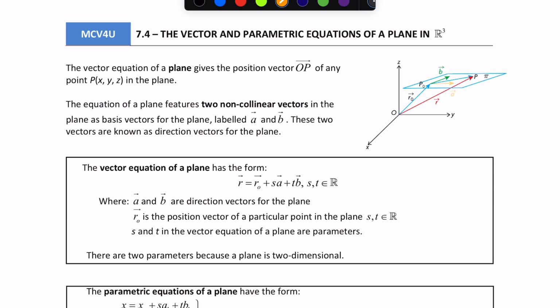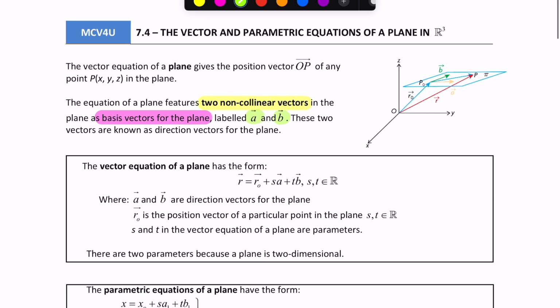So here, again, the vector equation of a plane gives us the position vector OP of any point, given that P is (x, y, z) in the plane. The equation of a plane features two non-collinear vectors in the plane as basis vectors for the plane, labeled as vector a and vector b.